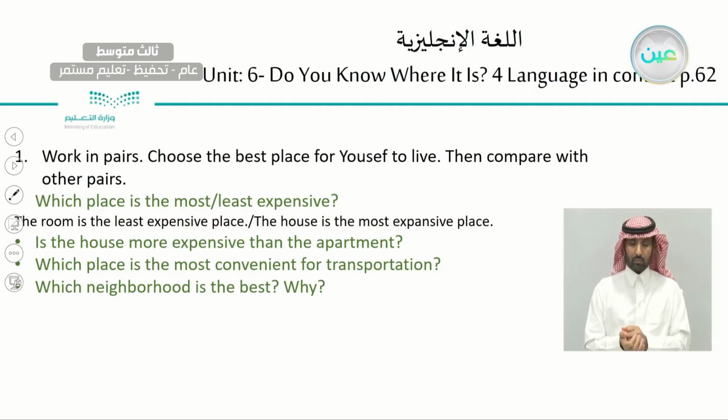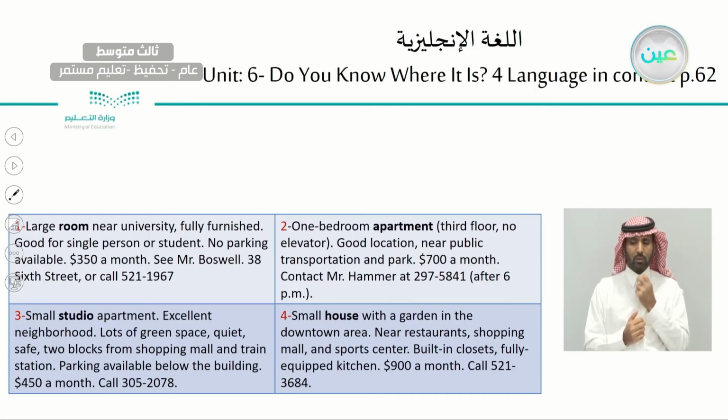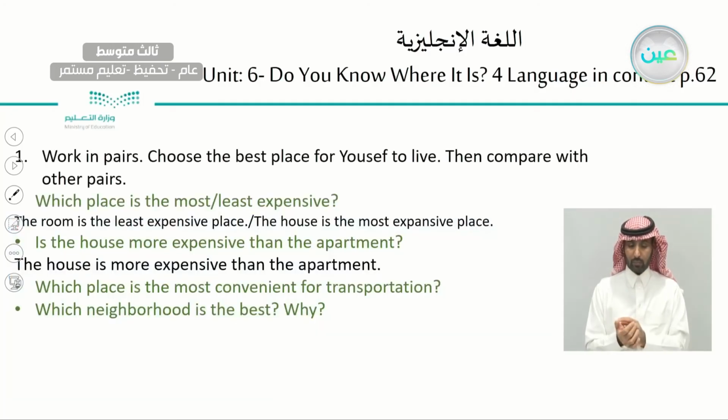Okay, this is the most expensive and the least expensive. The second question, is the house more expensive than the apartment? What do you think? Read it. Look at the prices. So the house is more expensive than the apartment based on the ad in front of you.